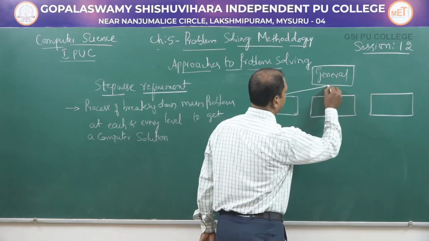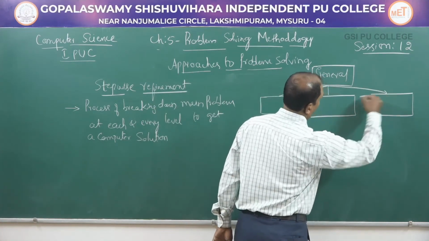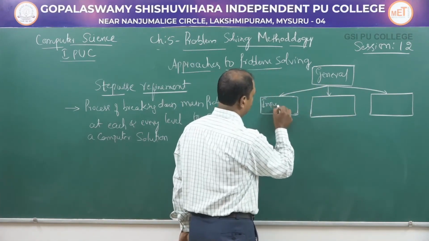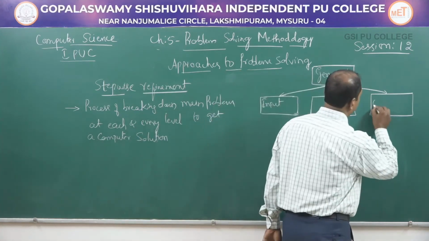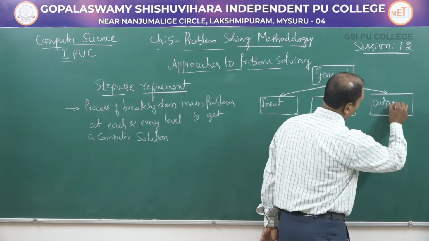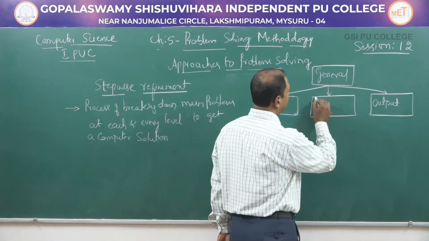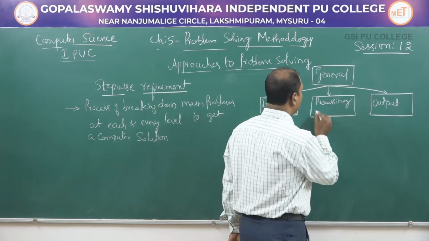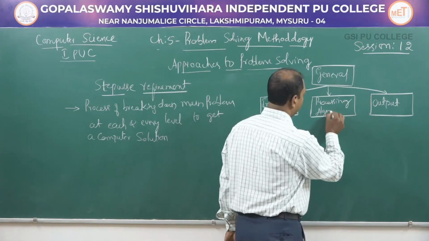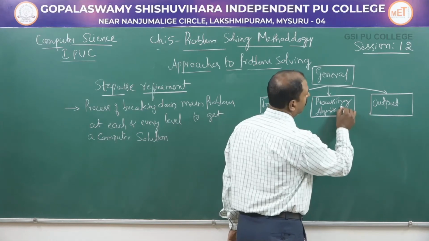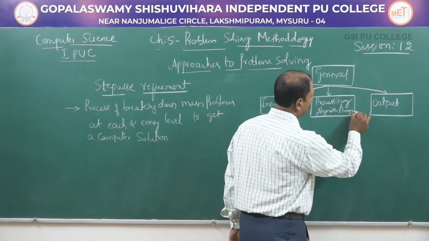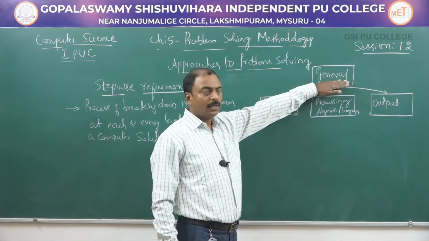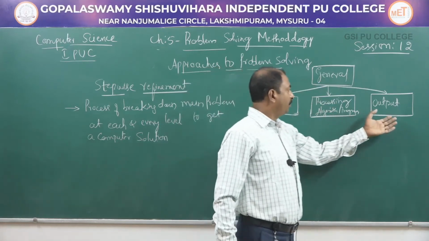This is input, and this is output, and here is processing or algorithm or program. So this is the main general problem and we are dividing it into three sub-modules.